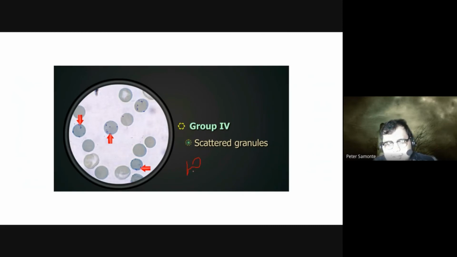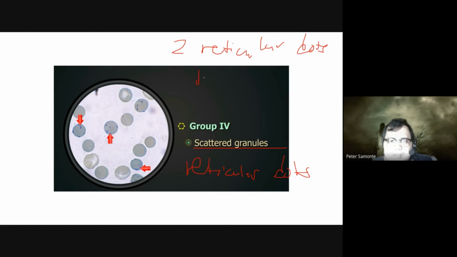This has your reticular dots, which are the scattered granules. So, yan. Yan yung sinasabi ko sa inyo, class. If you have 2 reticular dots, you would consider them as reticulocytes. Okay.